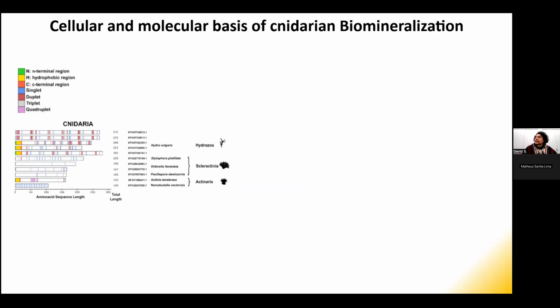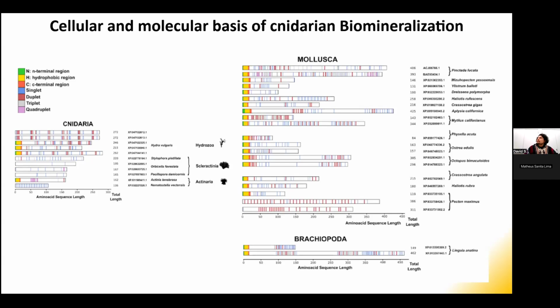And so we were wondering if the pattern of glycine repeats is the same in the rest of the cnidarians that are annotated in NCBI, and we see that they have somehow similarities in the signal peptides and in the glycine repetitions, but not as much as when we apply the same script in mollusks and brachiopods, which are a bunch of other biomineralizing species.